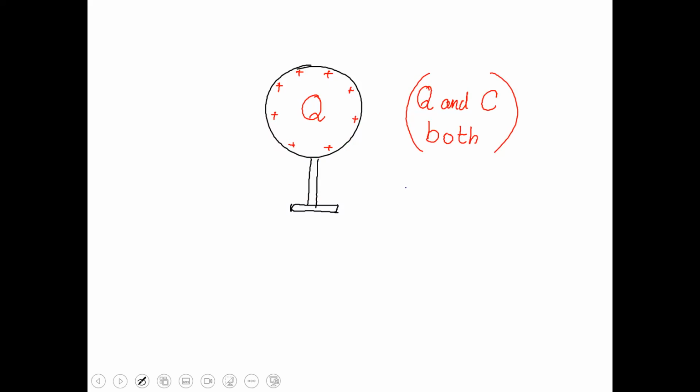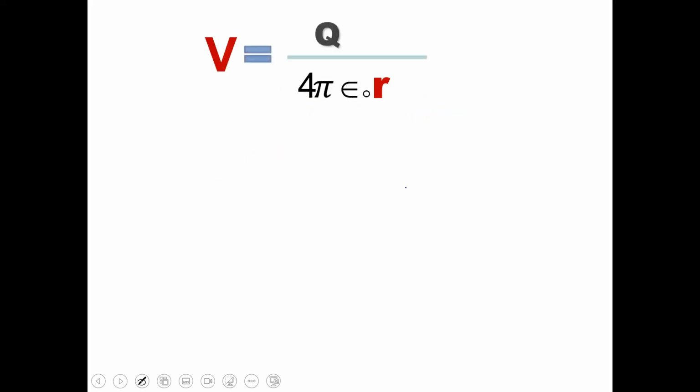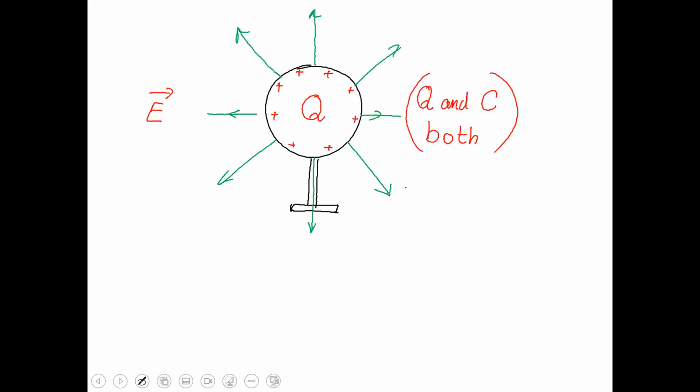In the previous chapter, when you charge a sphere, it produces an electric field, but it also stores an electrical charge. So this was a concept which later developed that when you make a capacitor, it acquires an electric field, and when you make an electric field, it acquires capacitance. So this is a very interesting concept, that electric field generates capacitance and capacitance generates electric field.